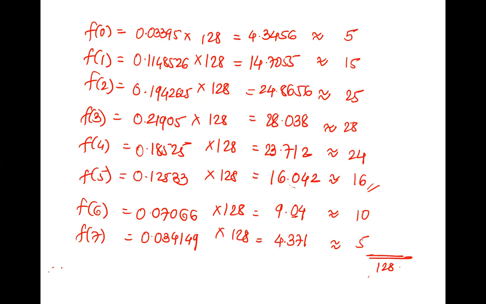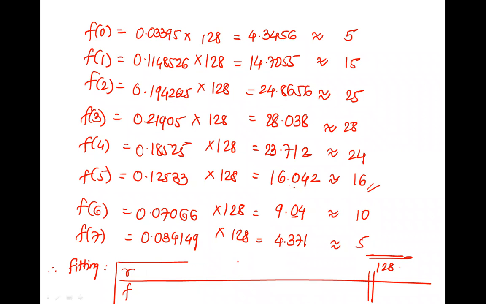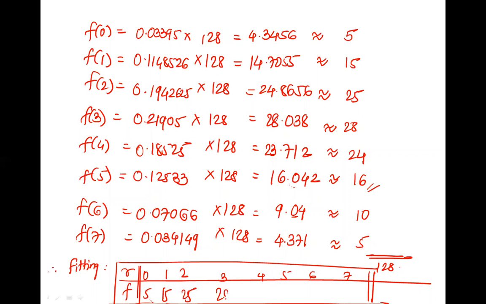Okay, therefore the fitting will have R and F. Whatever your X is, that is your R now. So 0, 1, 2, 3, 4, 5, 6 and 7. At 0 the frequency is 5, 15, then 25, then 28, 24, 16, 10, 5.